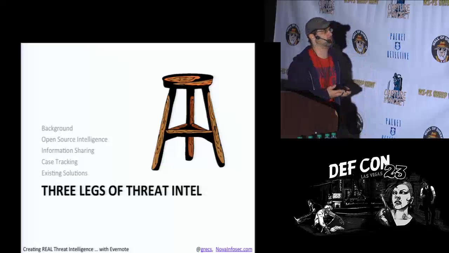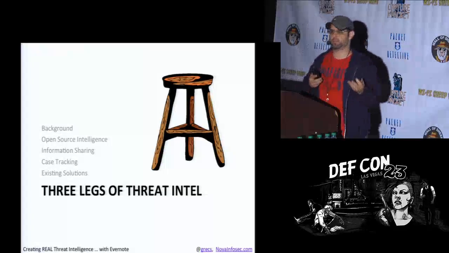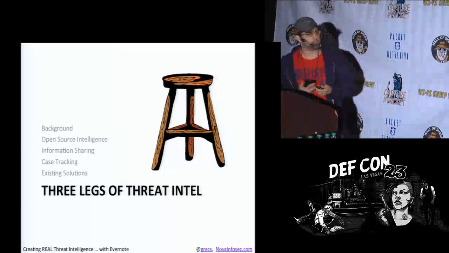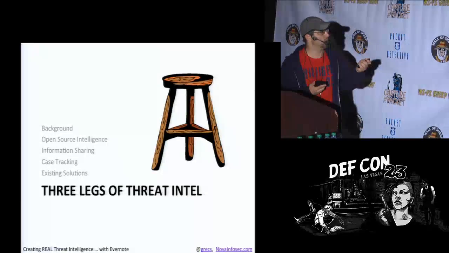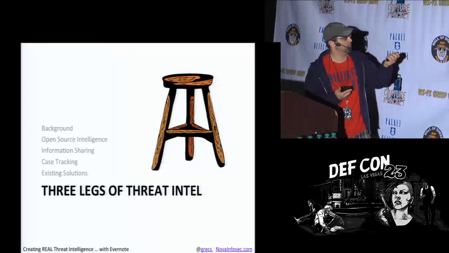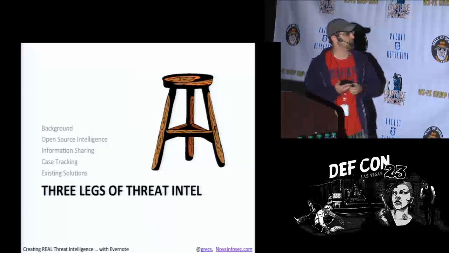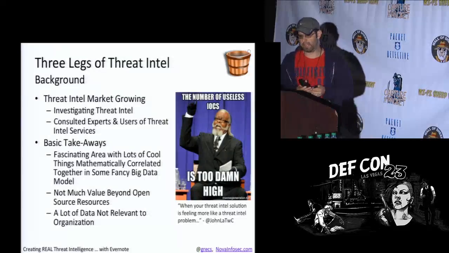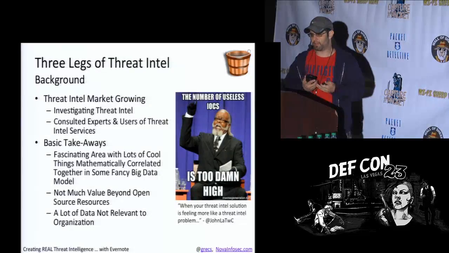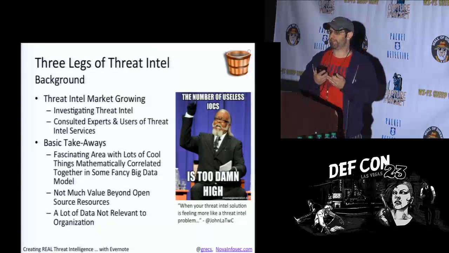So the next part that I want to talk to in terms of building this story is the 3 legs of threat intel. I'm mostly focusing on open source, but also information sharing and case tracking. I know there's a lot of value there.